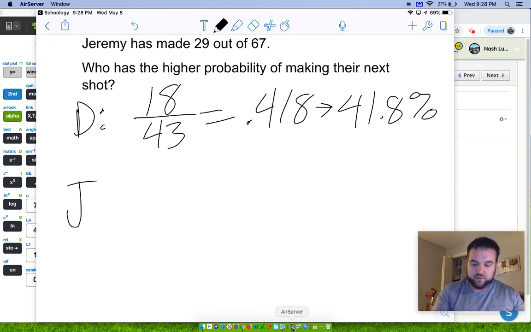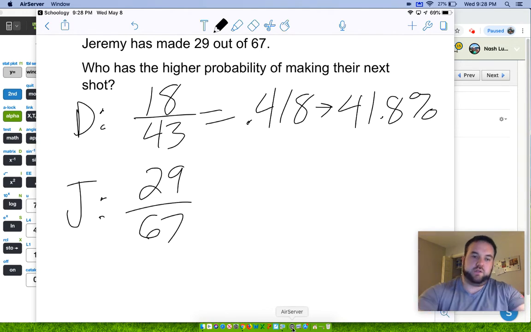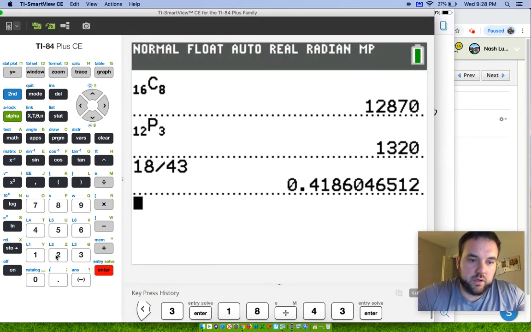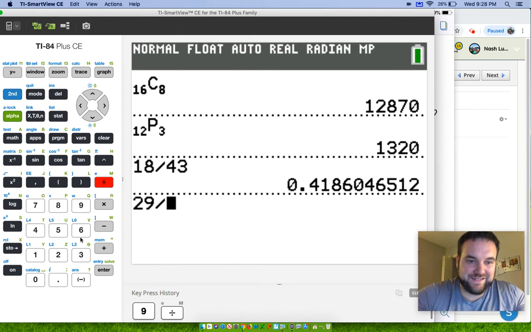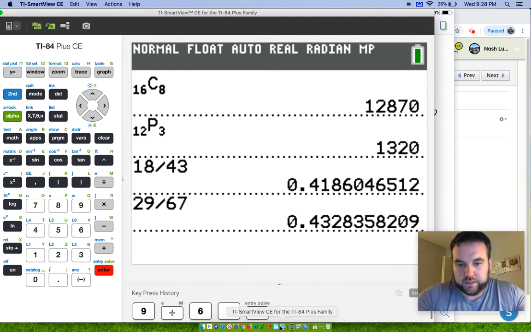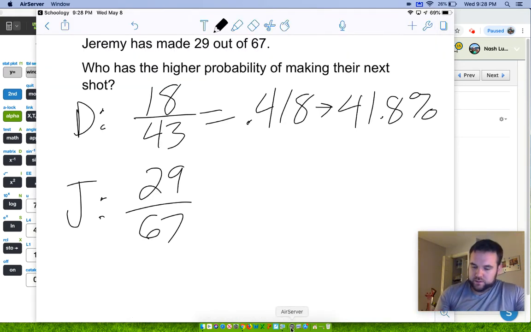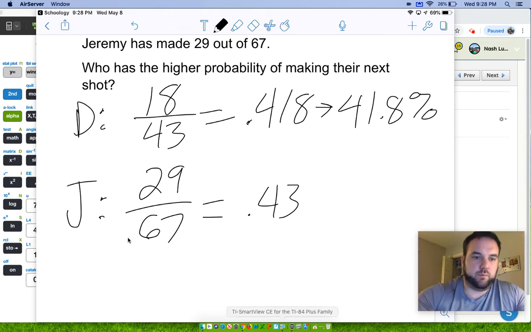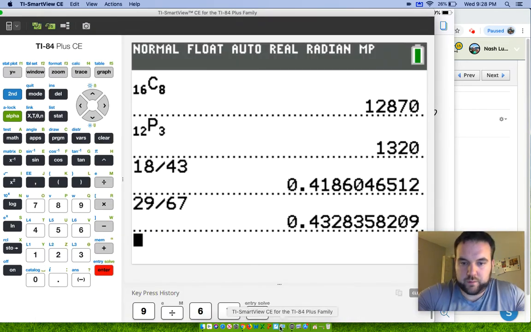Jeremy, on the other hand, has made 29, but he's shot 67. So we're going to, again, go to the calculator. 29 successes out of 67 attempts is 0.432.